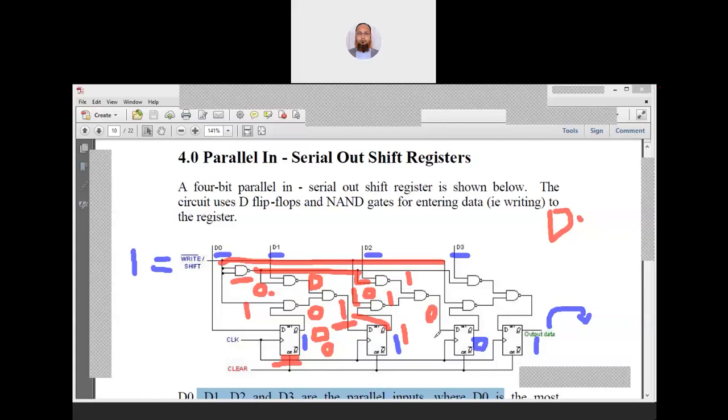Okay. So you can see that after the clock, this input is now 0 and once the clock comes, this will remain 0. One, 1, 0.